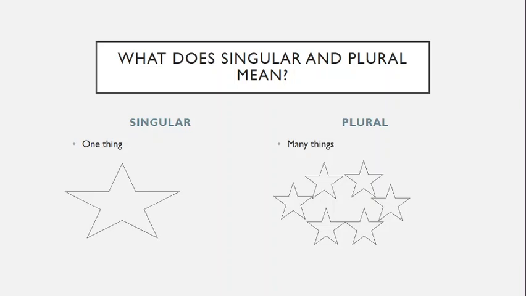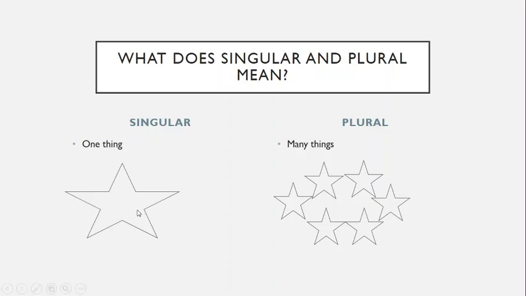You understanding, students? Let's suppose you have one nose. Okay, you have one nose, but you have two eyes. Okay, so nose is singular and eyes is plural. Okay, star is singular. Understand the difference between these two words.